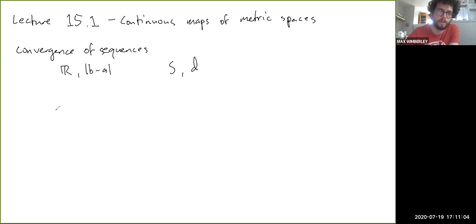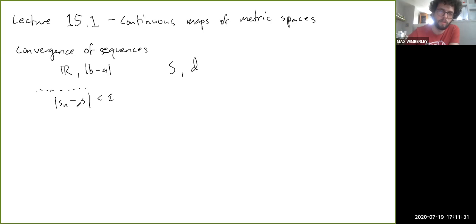Here we had this whole long statement: for every epsilon there exists a capital N. I'm not going to write all of that out, but the ultimate condition we wanted to verify was |Sn minus S| less than epsilon.